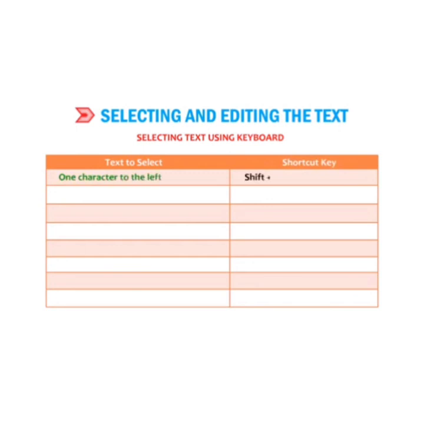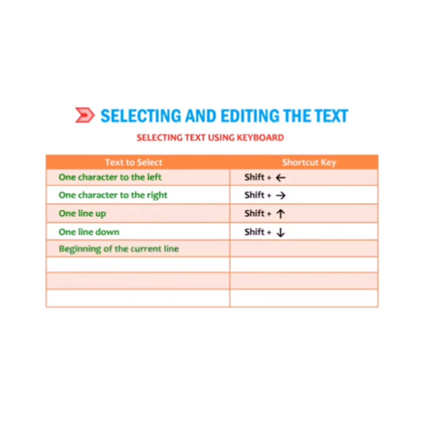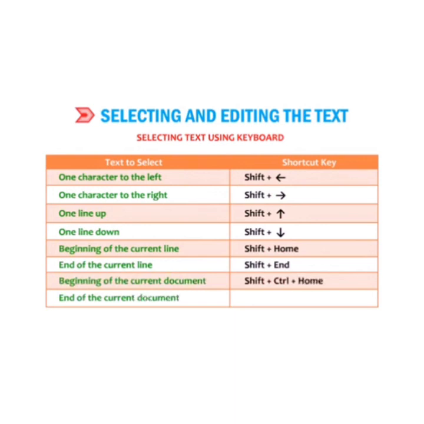One character to the left, Shift plus left arrow key; one character to the right, Shift plus right arrow key; one line up, Shift plus up arrow key; one line down, Shift plus down arrow key; beginning of the current line, Shift plus Home; end of the current line, Shift plus End; to the beginning of the current document, Shift plus Control plus Home; for the end of the current document, Shift plus Control plus End.